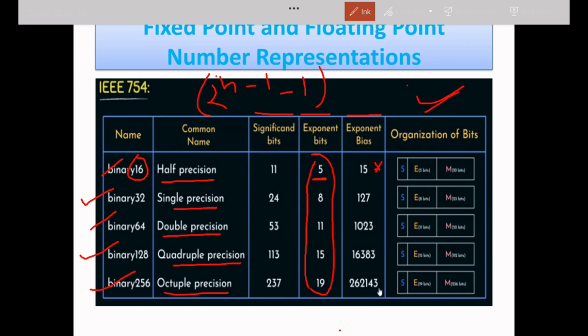So I will write 2 की power 5 minus 1, which is 2 की power 4, and 2 की power 4 is equal to 16. 16 minus 1. I am using another color.